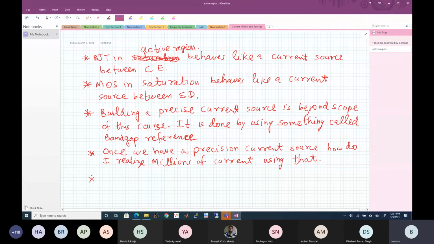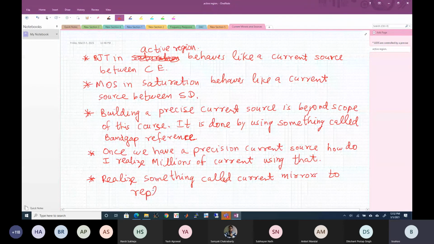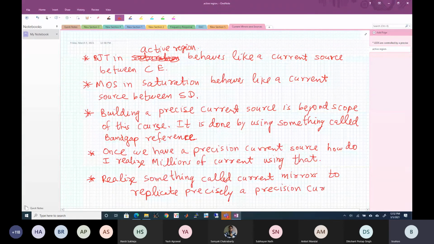This is where we realize something called a current mirror, to replicate precisely a precision current source.